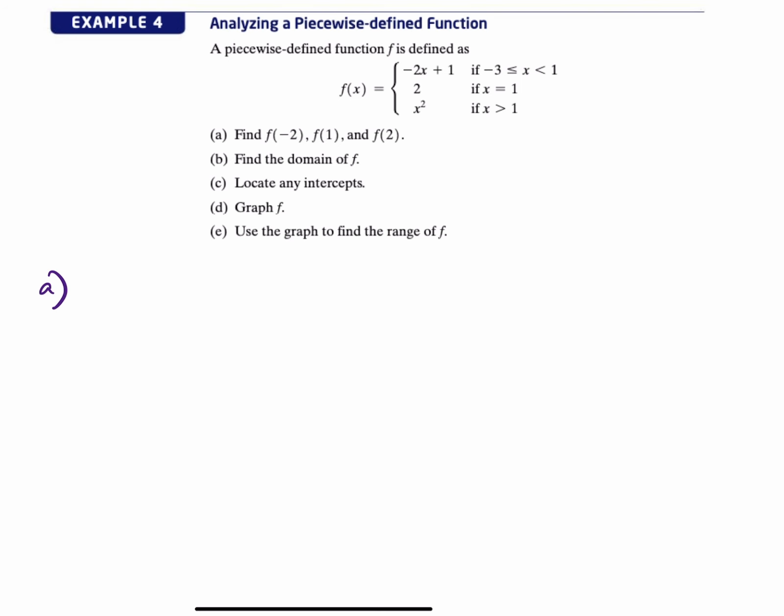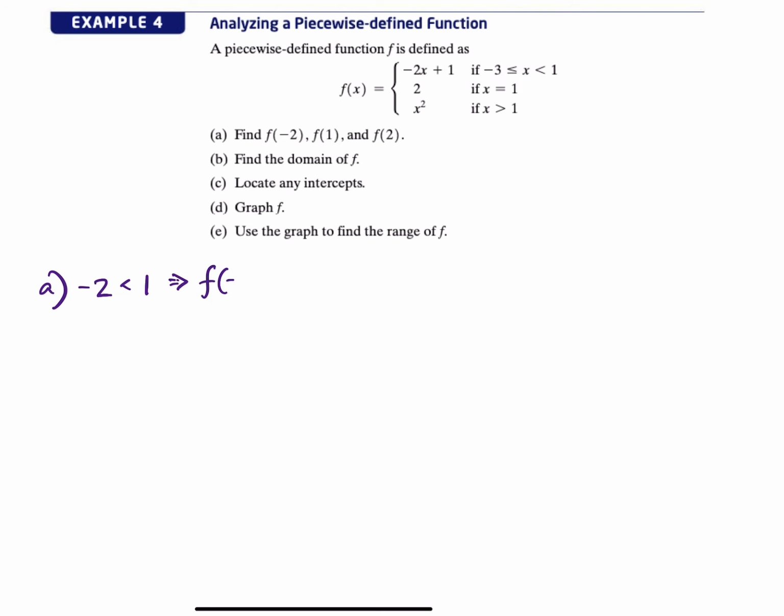It looks like it will only begin at negative 3, and then at 1, it's going to change behavior to the second function, and then when it's greater than 1, it's going to change behavior. So really we're thinking around, on what side of 1 is it? So negative 2 is less than 1, so it'll meet our first condition.